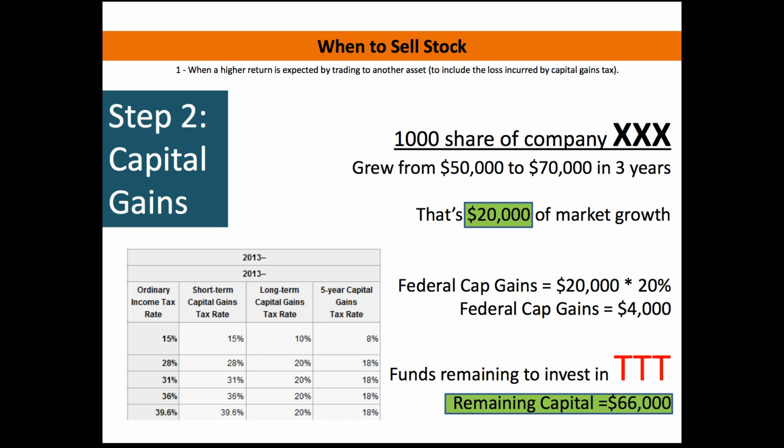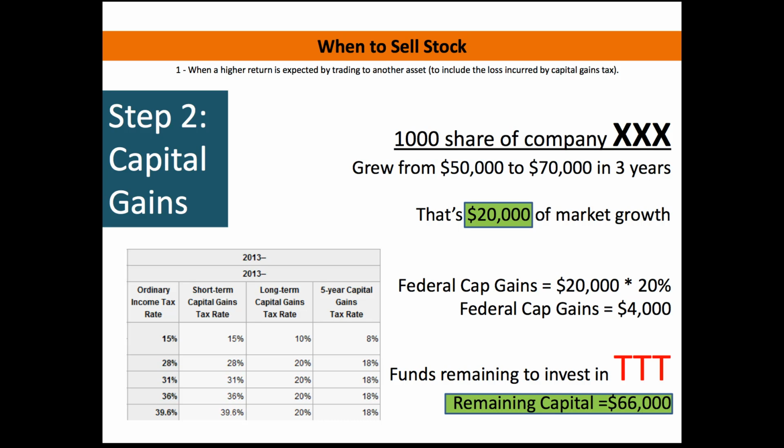In order to figure out how much federal capital gains tax you'd pay, you just take your 20% times your gain of $20,000, and that comes out to be $4,000 in federal capital gains tax. Once we make that payment, we know we only have $66,000 left from the original $70,000 to invest somewhere else.